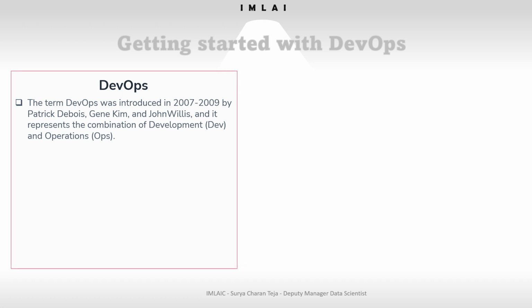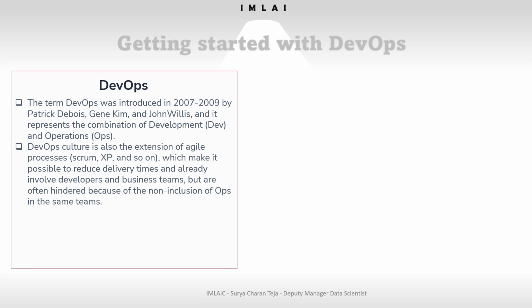It has given rise to a movement that advocates bringing developers and operations together within teams. This is to be able to deliver added business value to users more quickly and hence be more competitive in the market.